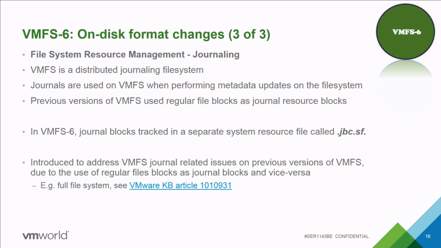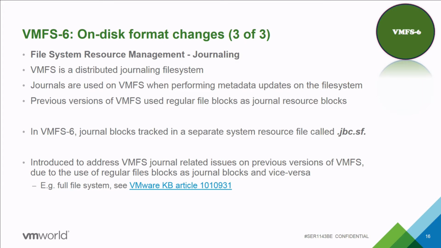Well, unfortunately, the journaling mechanism required getting a file block in order to track that delete of a file. And so we had this chicken and egg situation where we couldn't delete files because we had to get a journal entry. The journal entry required a file block. There was no space left on the file system. And so we had to get you to jump through hoops. There was a specific KB article that talked about how you could turn off journaling and all that stuff.